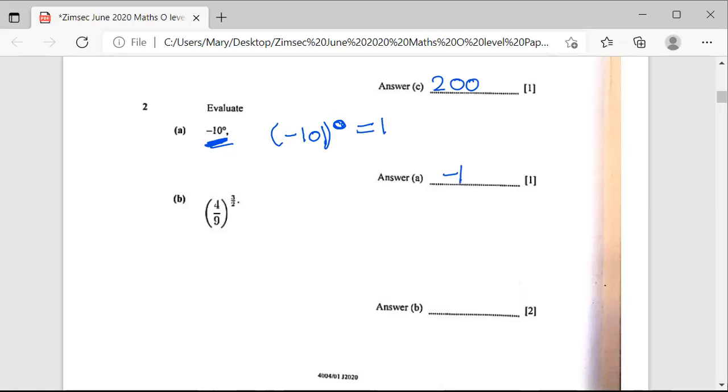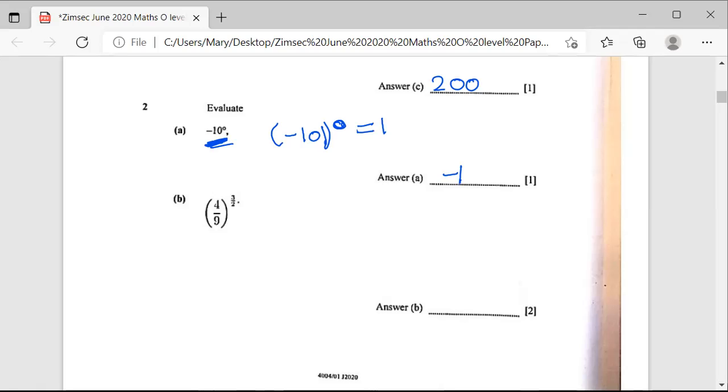And I know most of you were going to write 1. There is a difference between the two. Bracket minus 10 to the power of 0 is equal to 1, because the minus is also being raised to the power of 0. But in this case, you bring down the minus and you raise 10 to the power of 0, which gives you 1.